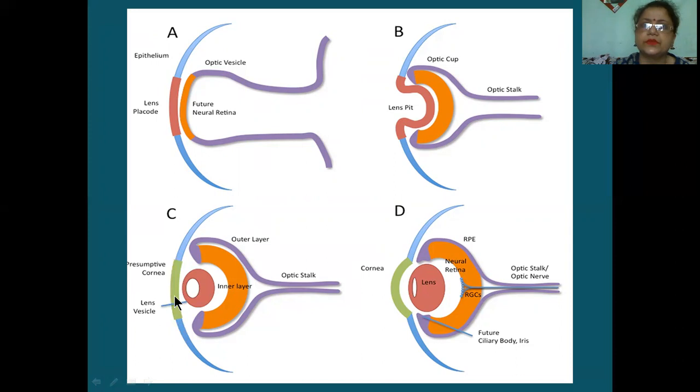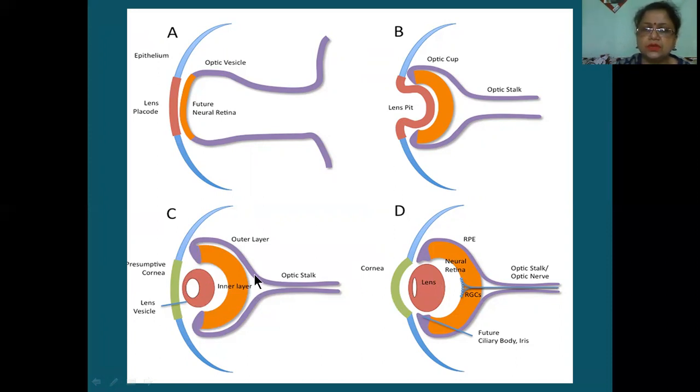And what was this? This was the neural retina or neuroectoderm, and this is the optic cup. The inner 9 layers of the retina will come from here, this is the outer layer, and this is the optic stalk. You see how it is coming. This optic cup is becoming deeper and deeper, and in it is the lens vesicle, which will give you the future lens here.